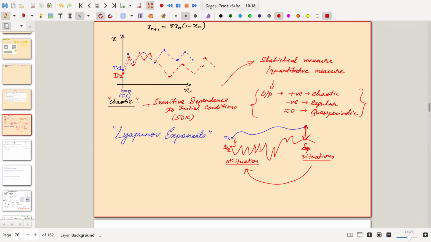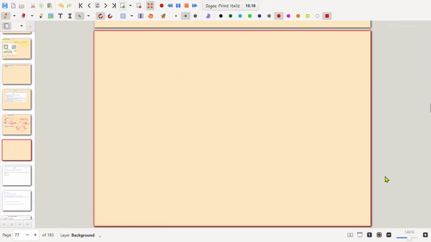This is what we will understand in this class. But before we go into detail, I will spill the beans. That means I will tell you the most important criteria, and then we can go on to understand how we are getting to this quantitative measure. Suppose you have a 1D map.